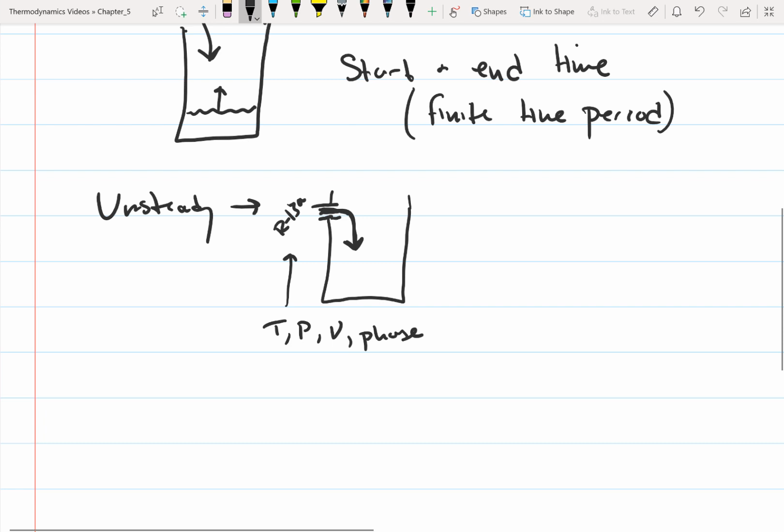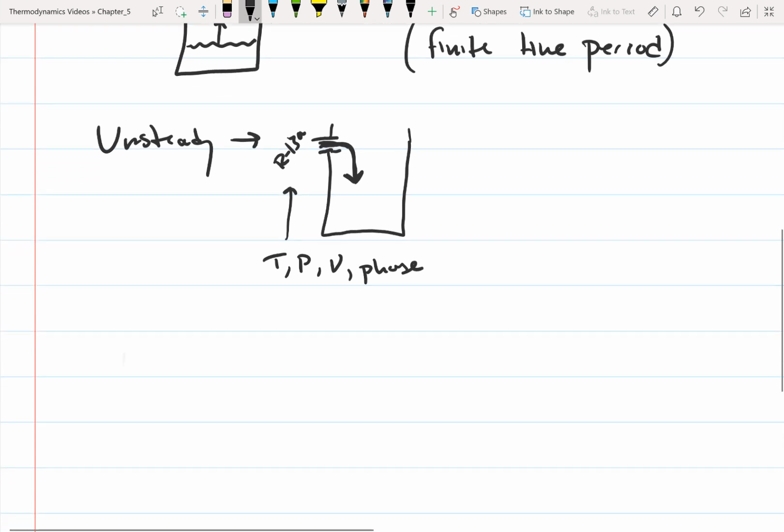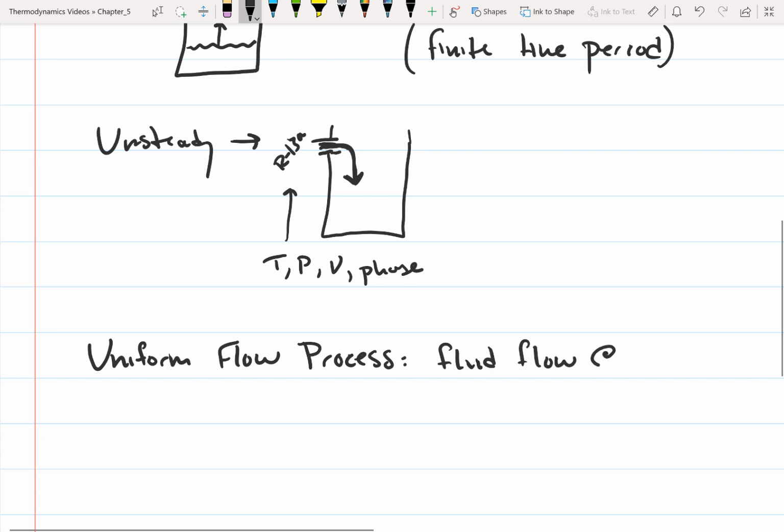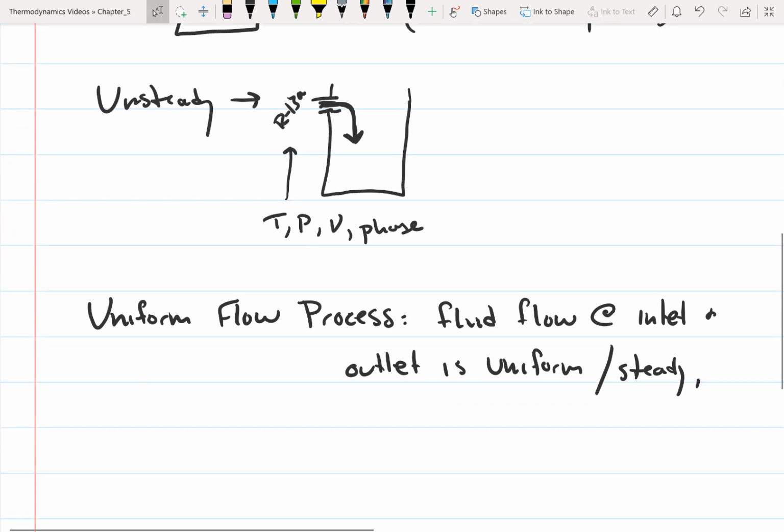So the one assumption we're going to make as we're analyzing these unsteady flow problems is that they are a uniform flow process. And what this means is that the fluid flow at the inlet and outlet is uniform and steady, and basically the properties don't change with time.